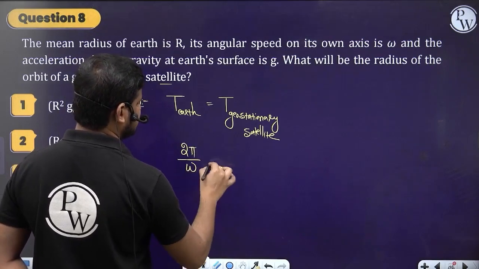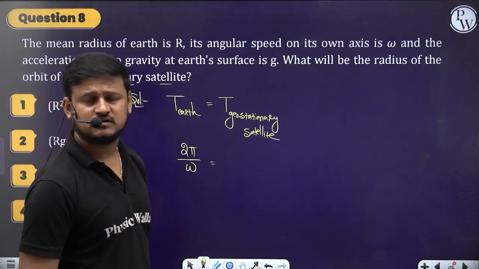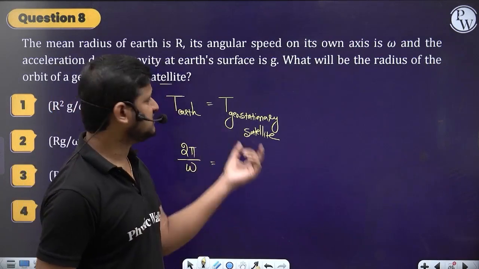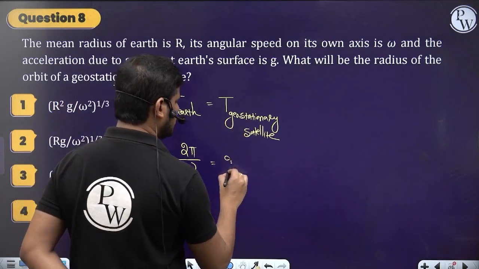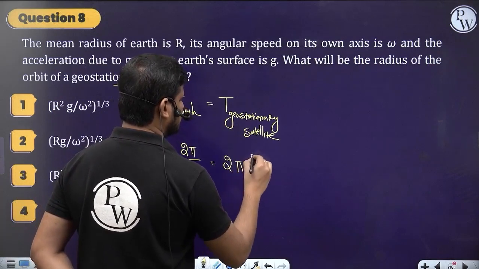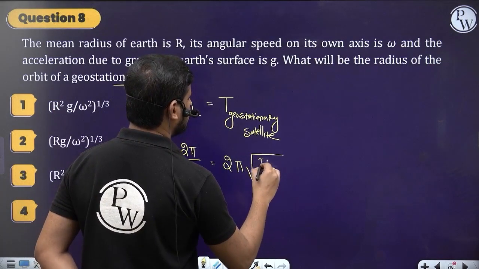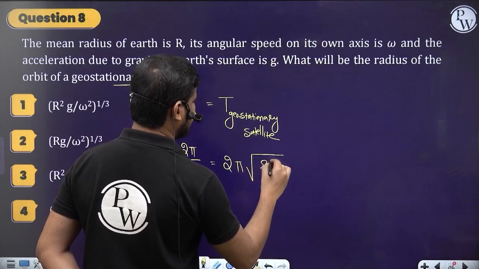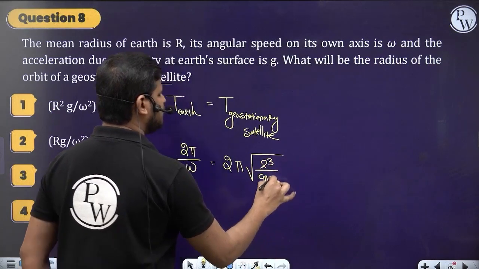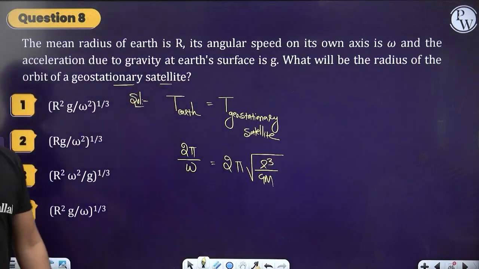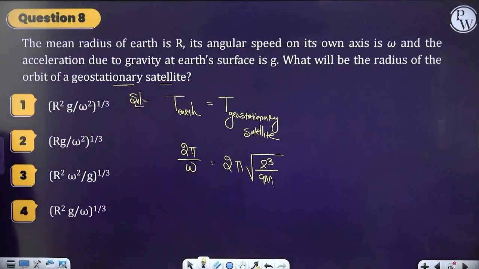This equals the satellite time period, which we just got: 2 pi into root over r cube by GM. Now do the calculations and find the omega value.